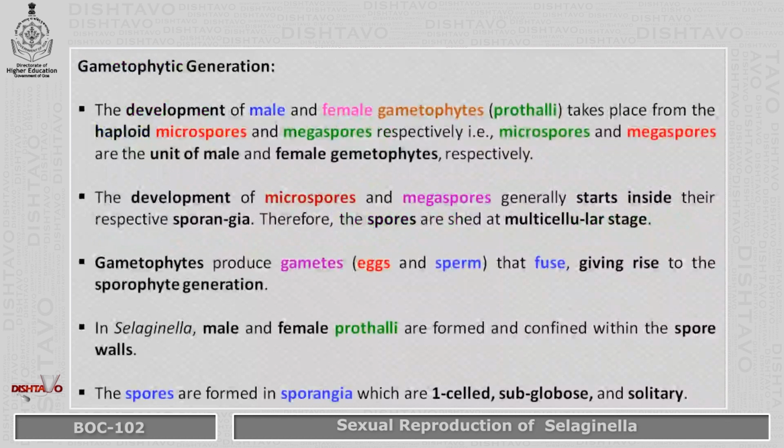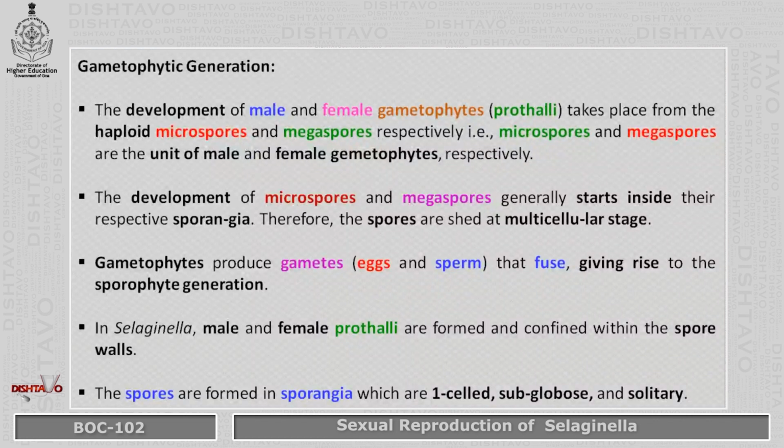Let us see the gametophytic generation. The development of male and female gametophytes, that is prothalli, takes place from the haploid microspores and megaspores respectively. That is, microspores and megaspores are the units of male and female gametophytes respectively.